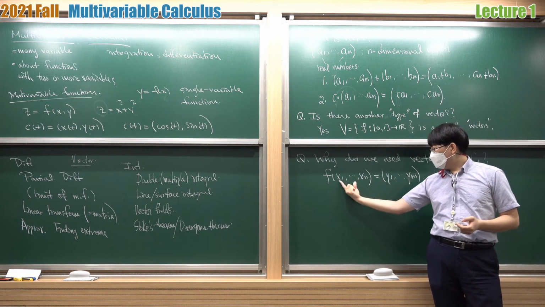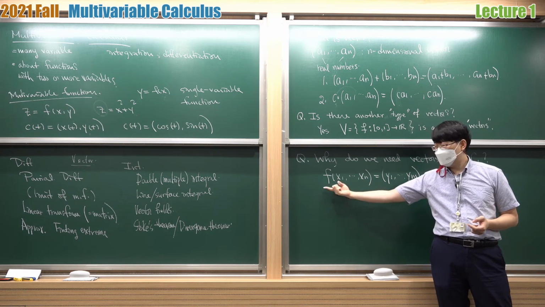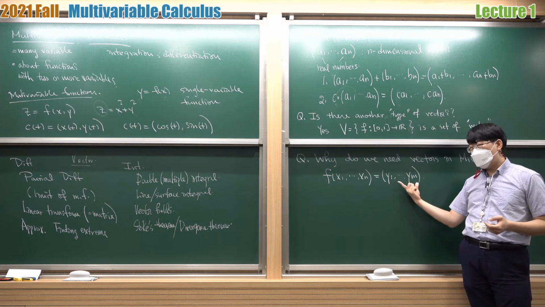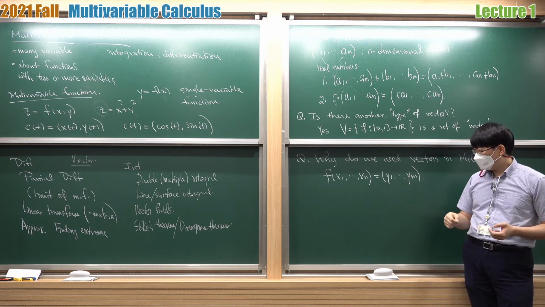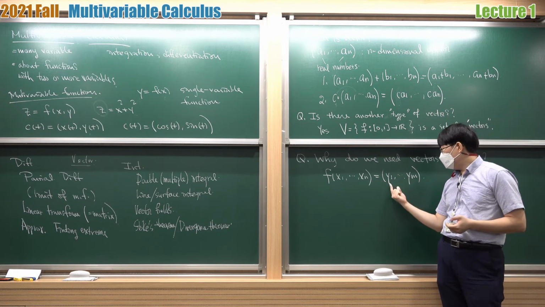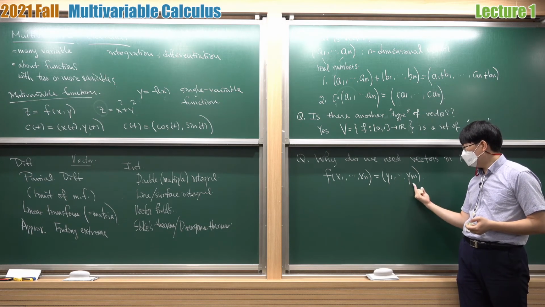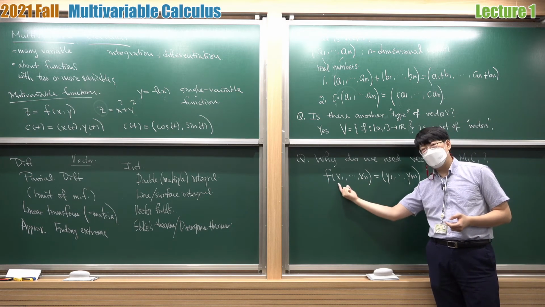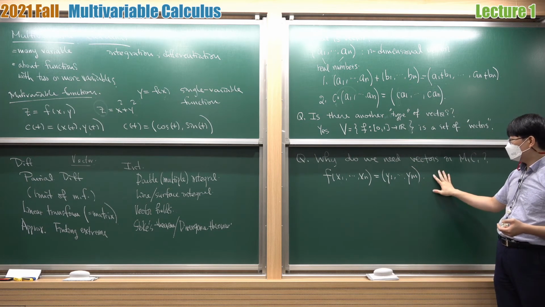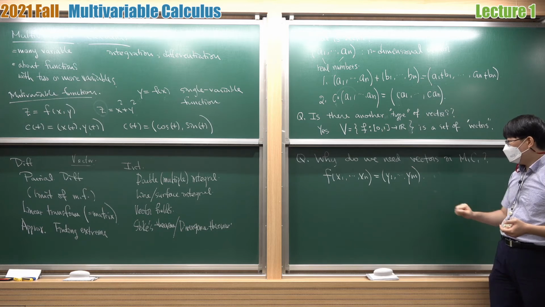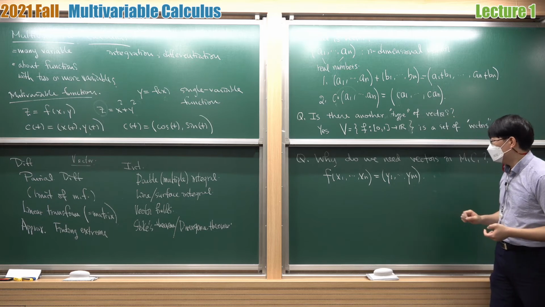We have x1 to xn as the independent variables of this function f, and y1 to ym as the dependent variables of this function. If I write it this way, it means that y1 up to ym are functions that depend on these n variables from x1 to xn, so it has n independent variables and m dependent variables.